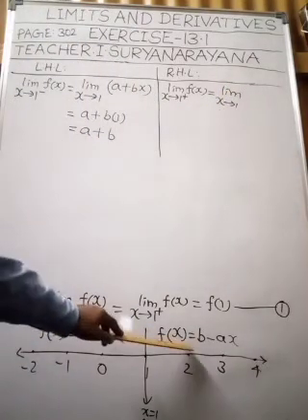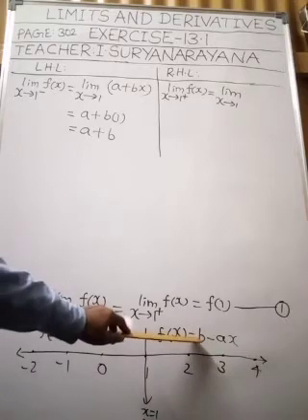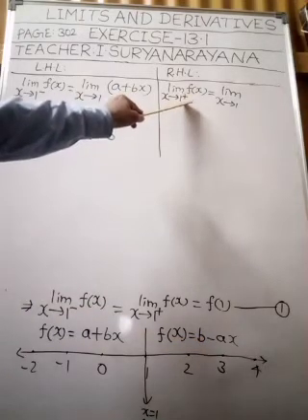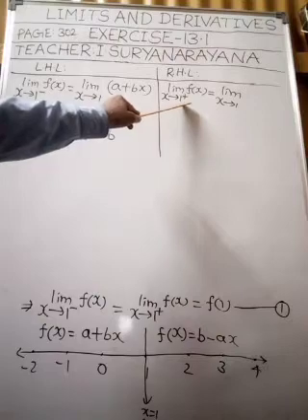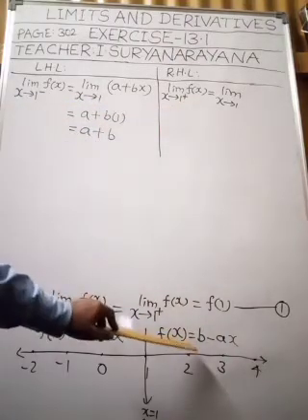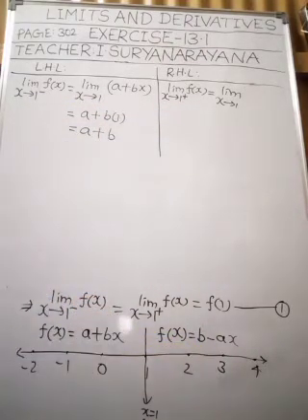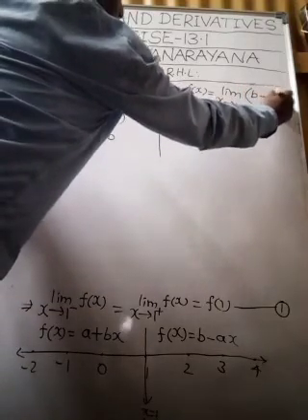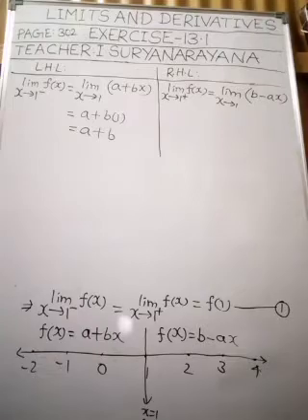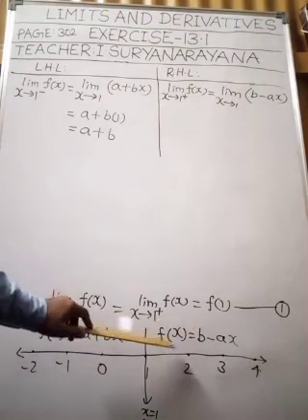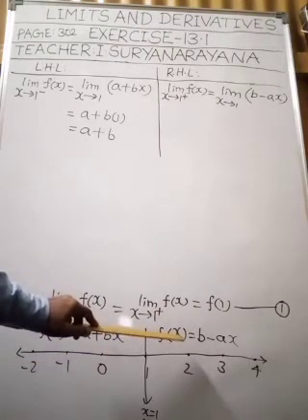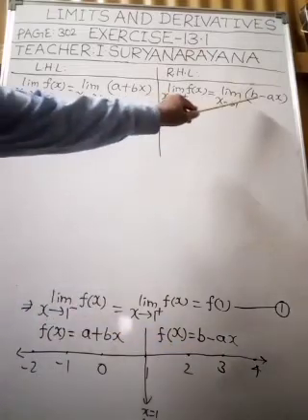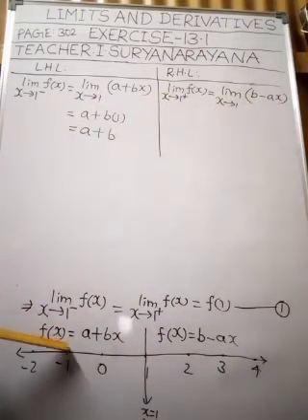This function or this function? Yes, this function, because x is approaching 1 from the right side, which means x greater than 1. That means b minus ax. We have finalized the given function in that interval, so we write this function only, not this function.